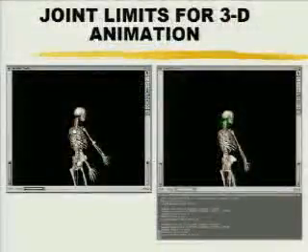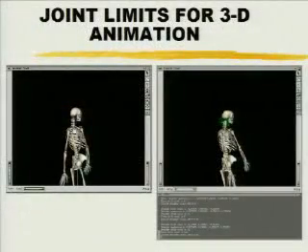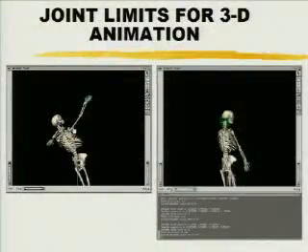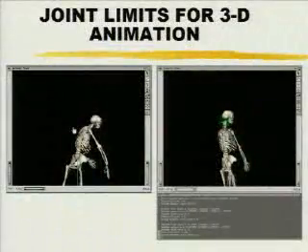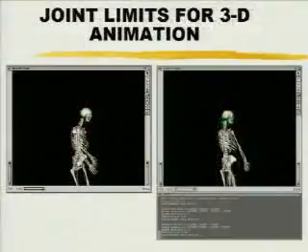So, for example, we can do something like this, which is purely animation, where we've asked a graphics designer to make a tennis serve, but she exaggerated on purpose. So this motion actually is not physically possible. You would damage your shoulder and elbow if you tried to do this.